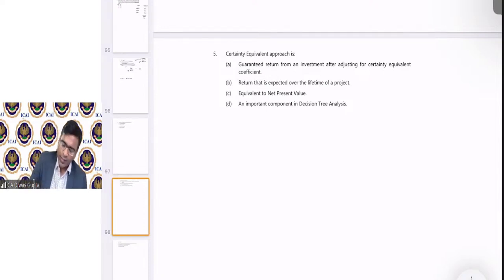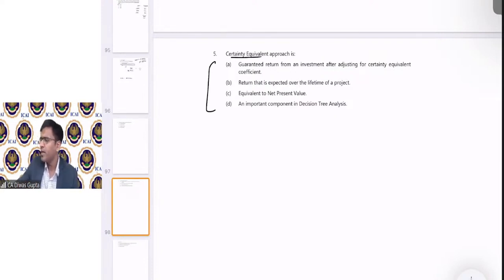Which answer do you think resonates more with the concept that we have studied on the certainty equivalent? This is a bit tricky question, but don't get confused. Just simply read and suggest what should be the answer basis what we have studied till now. Whether it should be A, B, C, or D.